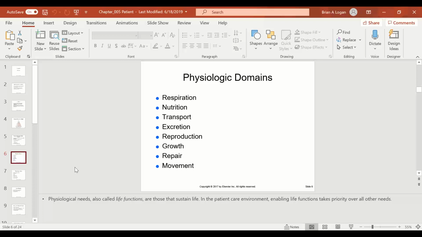That's affecting that ability for reproduction. Growth, repair, movement. All of these are physiological, meaning physical things that our body does in its function and its abilities to work.